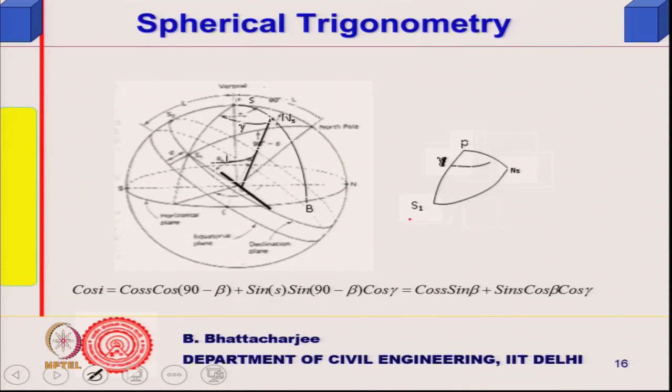incident angle. When I want to do incident angle, same thing I do. This is my horizontal surface, this is my equatorial plane, right, and this is my surface now, and the normal to the surface is this, and it can go to the celestial sphere, normal to the surface, not horizontal anymore, right.